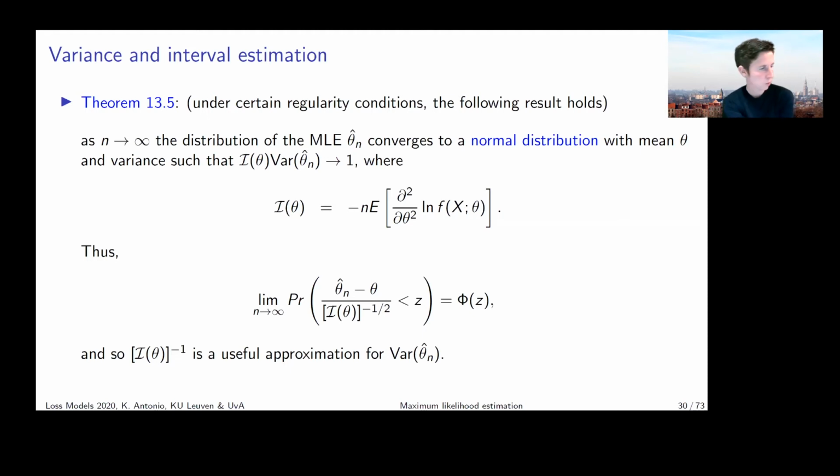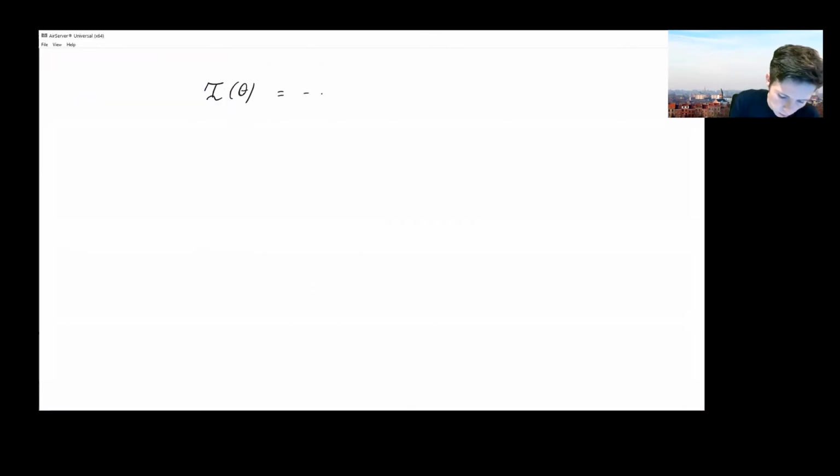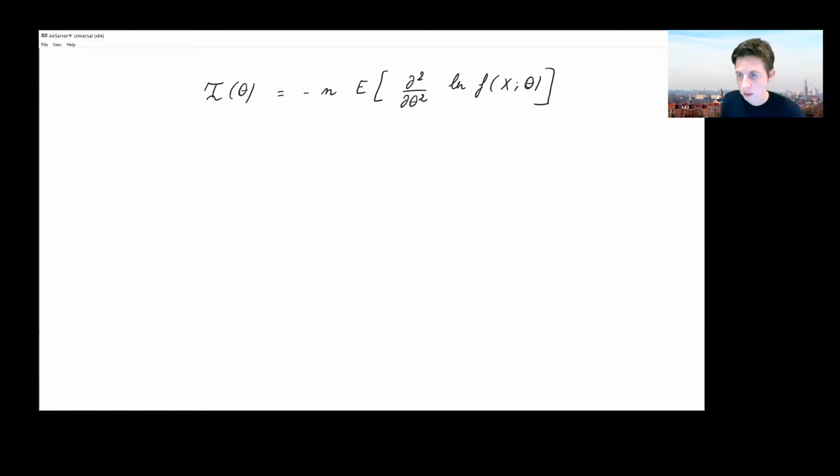Yeah? So one of the first things we're going to do is reflect upon different ways to write down this Fisher information matrix, because you'll see some other ways to put that together as well, like we mentioned on the sheet. So what we're going to do is look at minus n times the expected value of the second order derivatives of the logarithm of the density, so the thing I'm going to put into my likelihood.